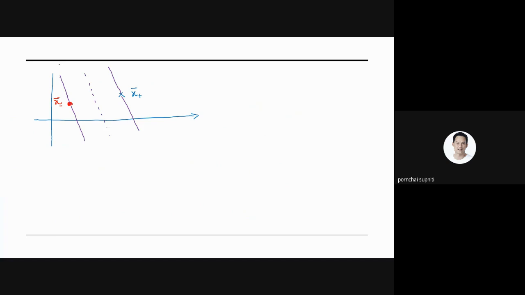So what is this width? What is this width? If I draw a vector for x minus, so this is x minus, no? So this will be a vector for x minus. Let me use the red colors here. So this is the vector of x minus, which is the support vector for class 0.